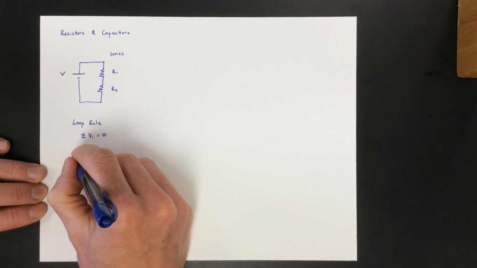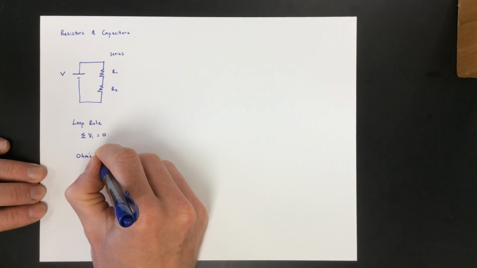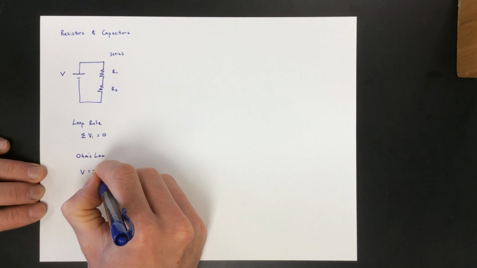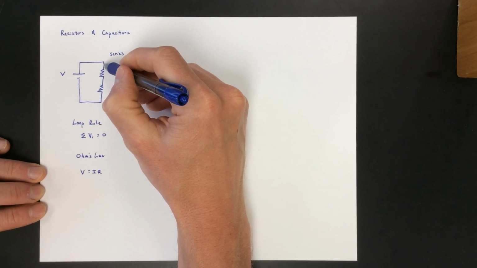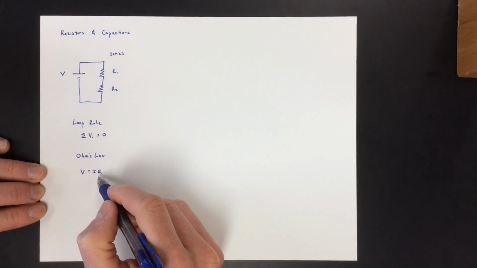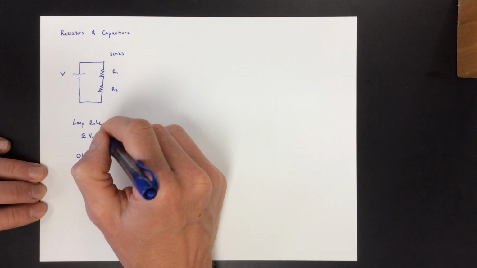Well, how's this loss? Remember, Ohm's law says that V equals IR. So if you want to know the voltage drop over a resistor, just tell me the current in the resistor and the resistance, and I will tell you that. So let's do this loop rule.